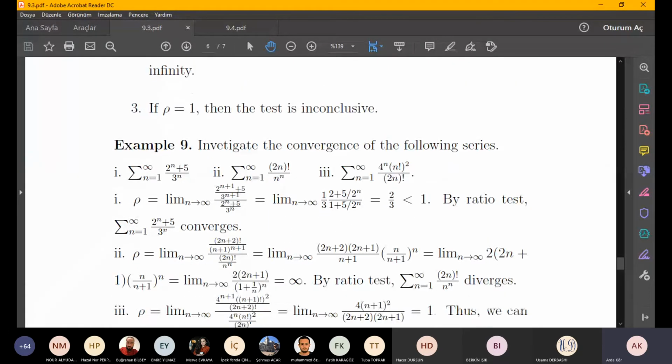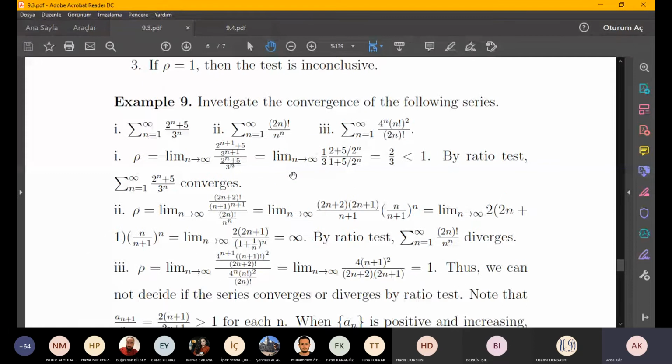And for the second one, I can also say, if you have a factorial in the general term of your series, and it is positively defined, then you should generally use the ratio test.